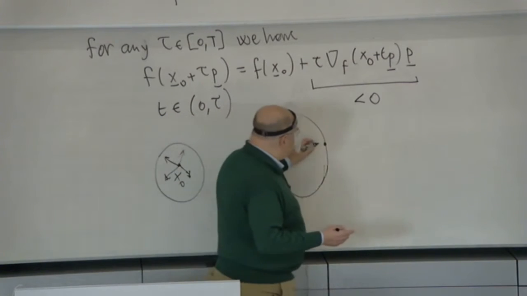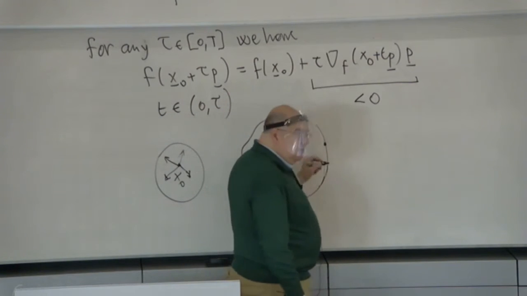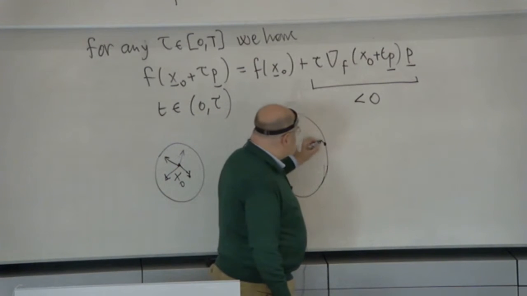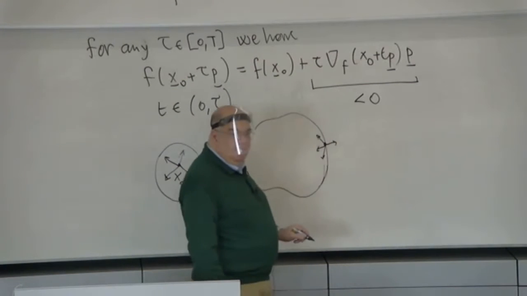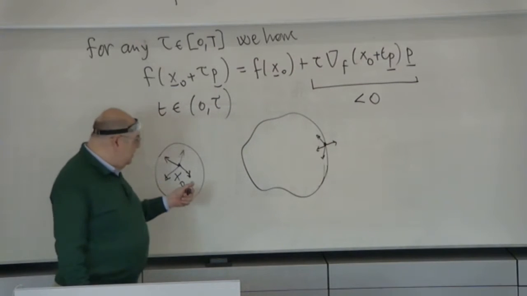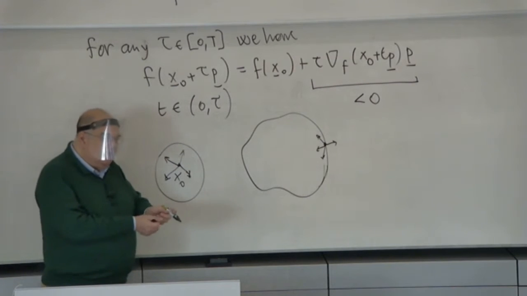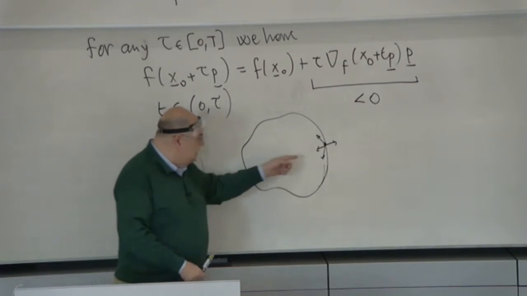The only issue is that not all directions are allowed. So you have to consider directions like this, this, this, and not this, okay? Not being at an interior point adds more problems to the statement, but essentially the proof is like this.